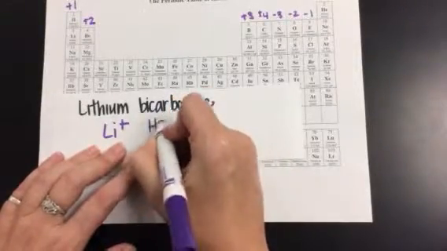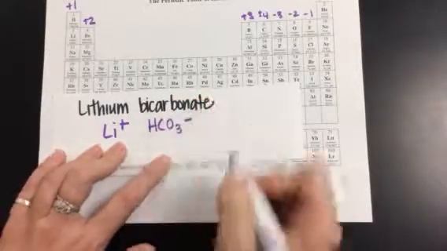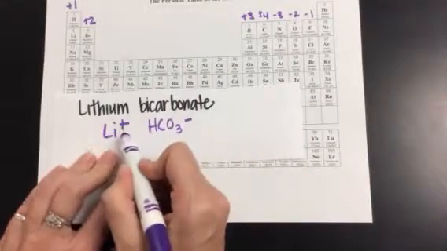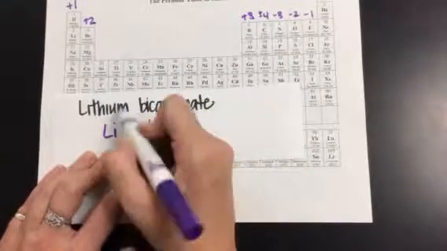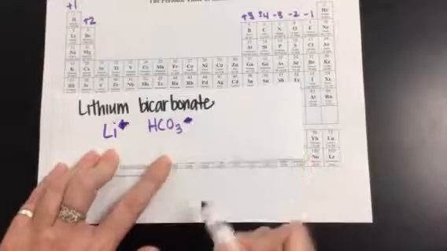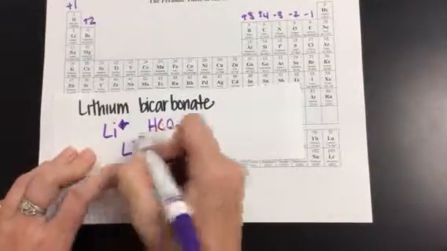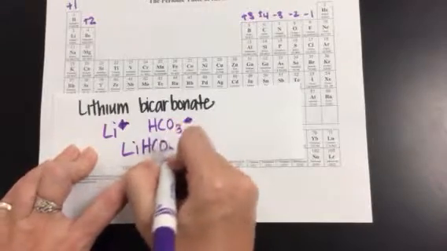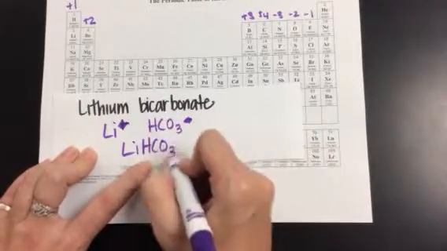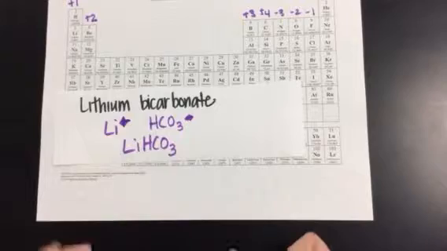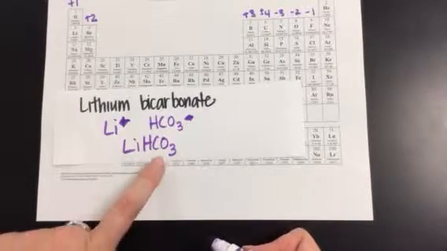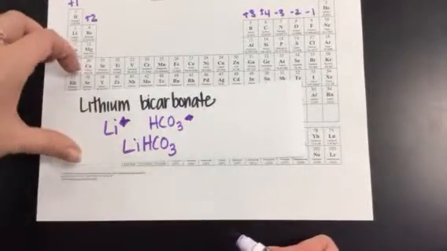Bicarbonate, when you look it up, is HCO3 -1. So we need to swap and drop again. The plus and the minus disappear, so you end up with a 1 and a 1. So when you write this out, it's just going to be LiHCO3. You can put the HCO3 in parentheses if you want to, but we only have one of them, so that's really all that you have to do.